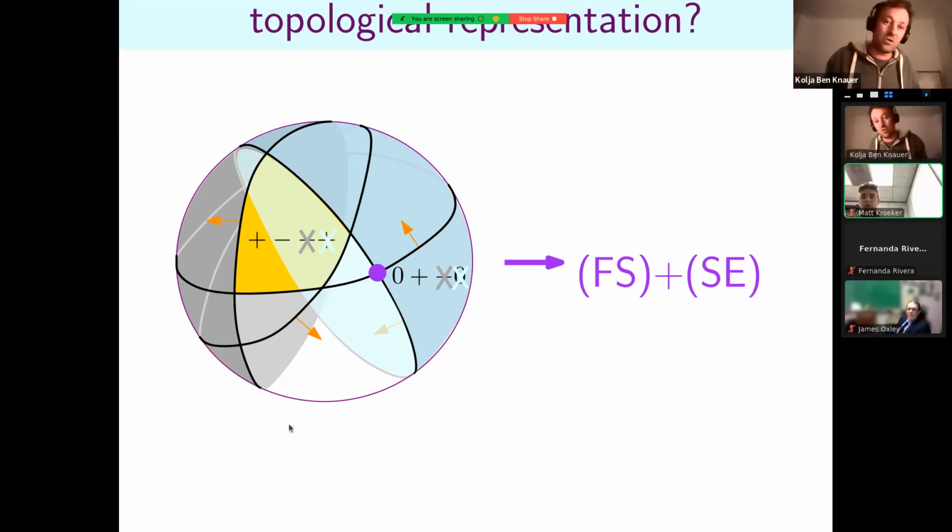Here, I just want to say that the blue hemisphere and the gray hemisphere are cut out, and I only restrict to this part, which looks like a part of an orange, which should be an open set. And I look only at the vectors in there.